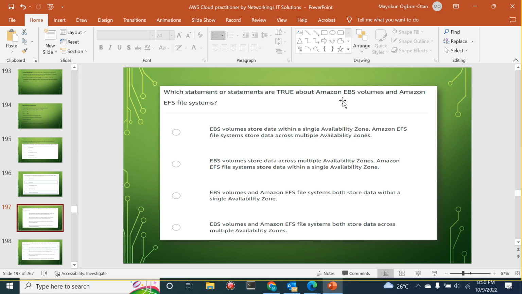Number two, EBS volumes store data across multiple availability zones. Amazon Elastic File Systems store data within a single availability zone. Number three, EBS volumes and Amazon Elastic File System both store data within a single availability zone. Number four, EBS volumes and Amazon Elastic File Systems both store data across multiple availability zones.